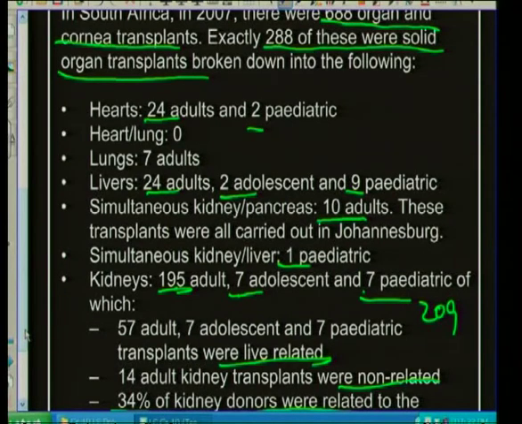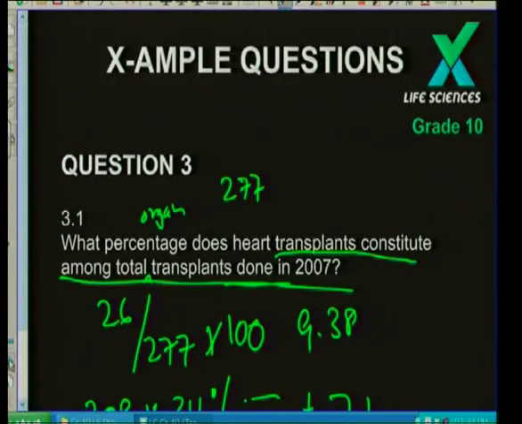And kidney, simultaneous kidney, pancreas, we're not interested in that because we didn't ask about that. We didn't talk about simultaneous kidney and liver. We spoke about kidneys only. So 195 plus 7 will give you a figure of 209. We worked that out just now. So those are our figures: 26 hearts, 7 lungs, 35 livers, and 209 kidneys.